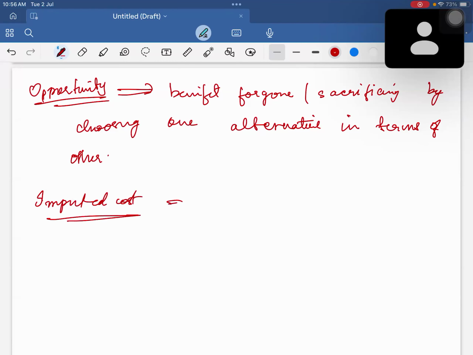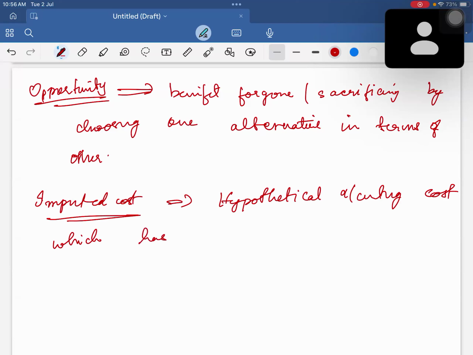Next one is imputed cost. Imputed cost is a hypothetical accounting cost, that means it is according to accounting assumptions. For example, in IFRS 16, we have lease. Under lease, we have studied imputed cost where you assume that there is time value of money involved. So there is effective interest in the lease payments.